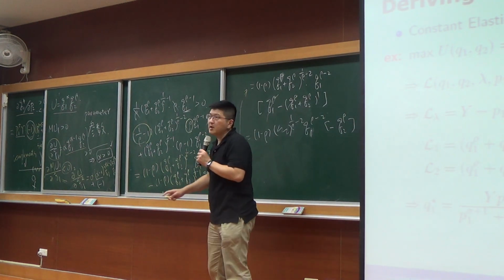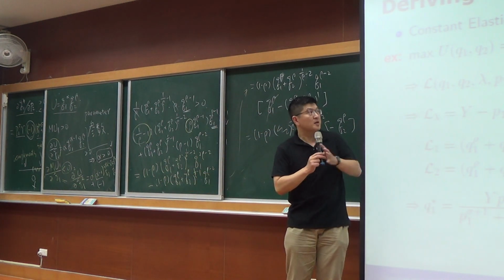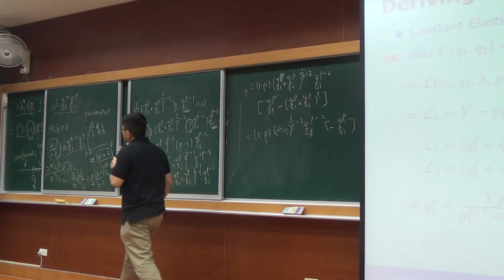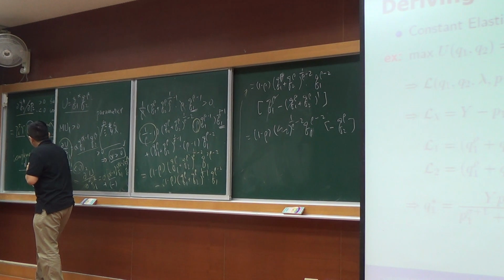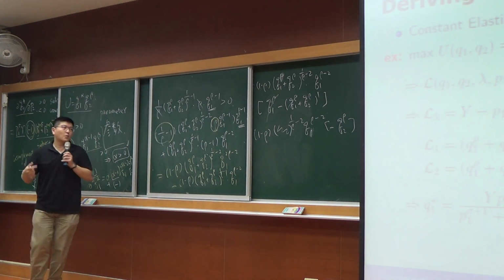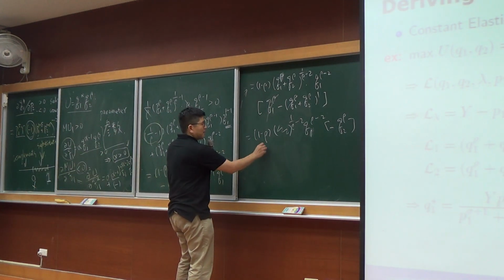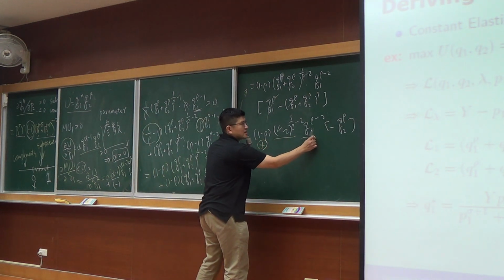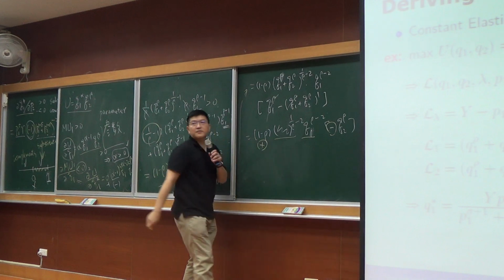Alright, so what about 1 minus rho? Because rho is less than 1. So remember that: rho must be less than 1. So 1 minus rho must be positive. Okay? And positive, positive, negative.